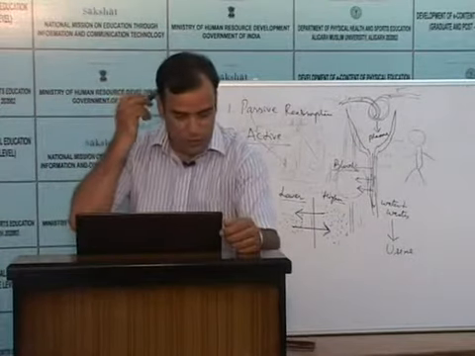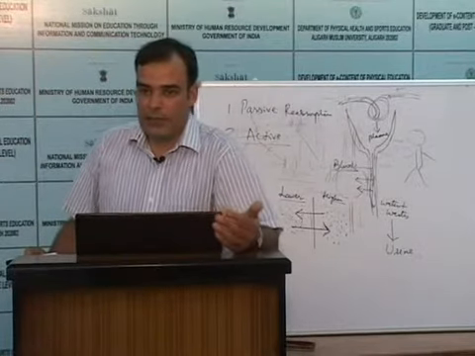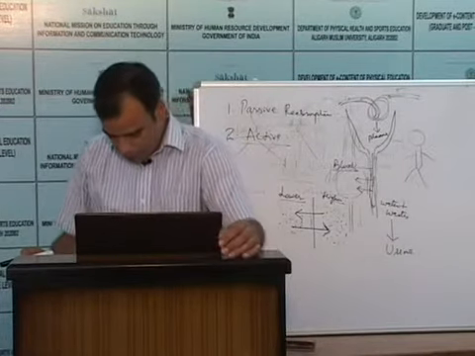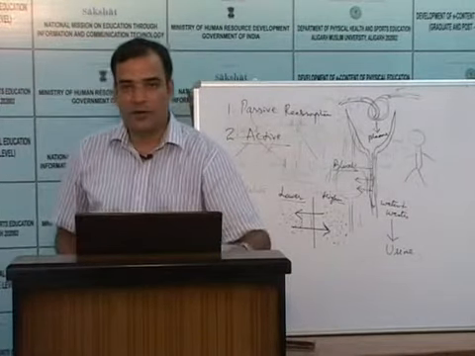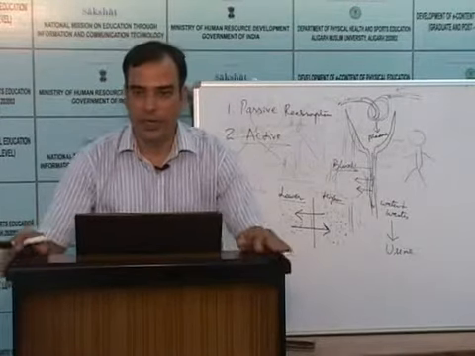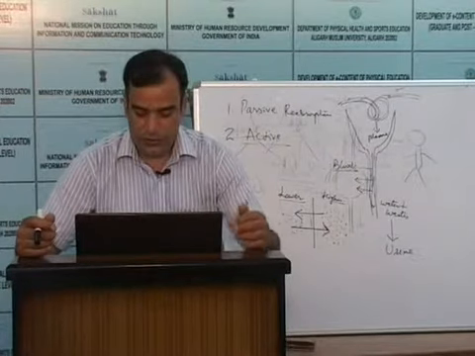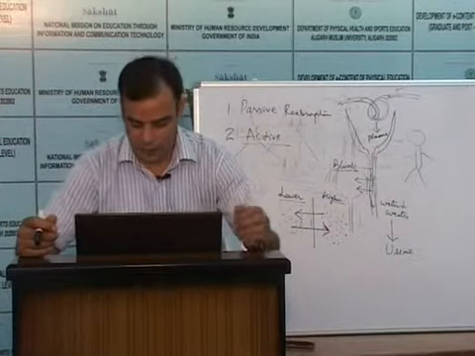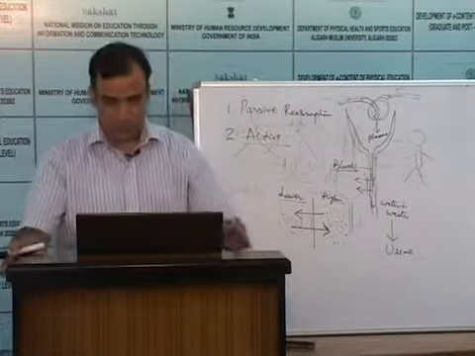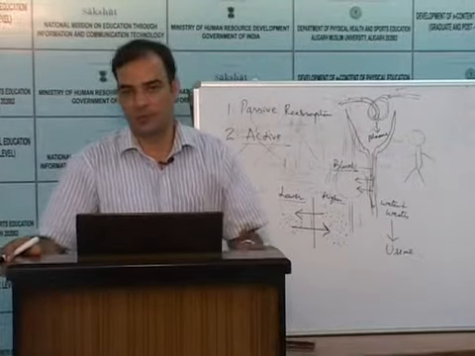Another portion of the tubule is the loop of Henle. In the loop of Henle, mainly sodium and chloride are reabsorbed. In the last portion of the tubular portion of the nephron, the distal convoluted tubule, sodium, calcium and water are reabsorbed. So in different portions of the tubule, different substances are reabsorbed.